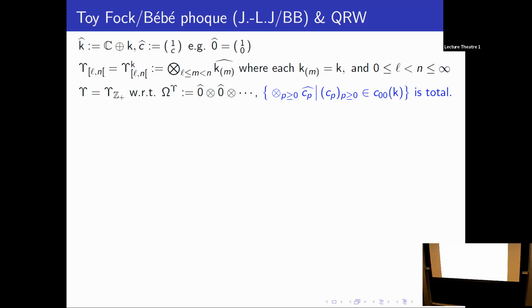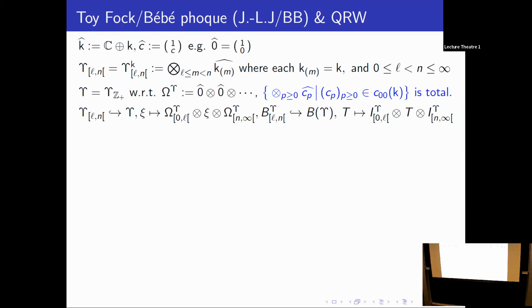So Marius mentioned the necessity of having a reference family, a sequence of vectors, when you take infinite tensor products. So here we're taking the infinite tensor product of k hat, that is C plus k. The reference vectors are 1, 0. I'm using this epsilon method for these toy Fock spaces.